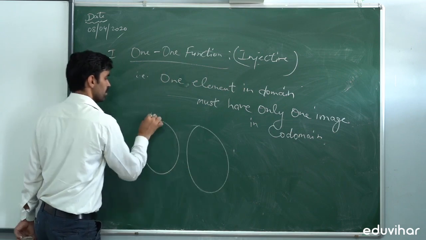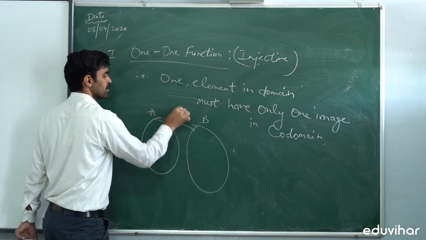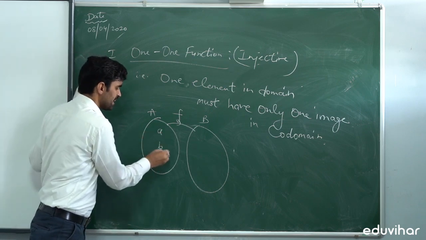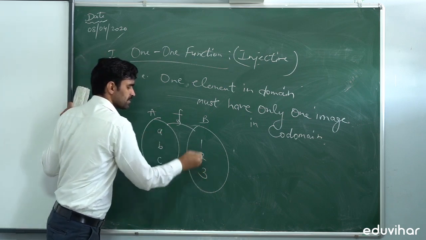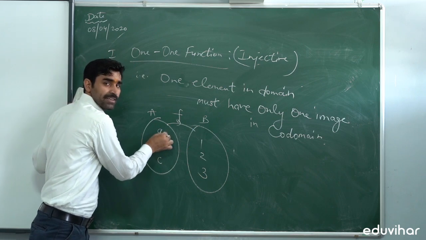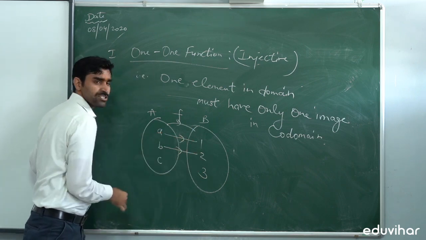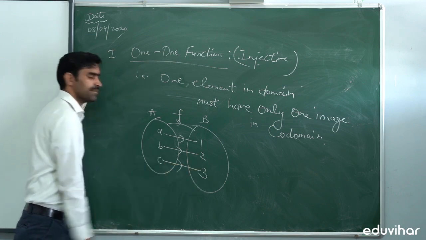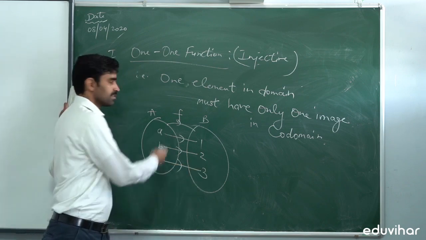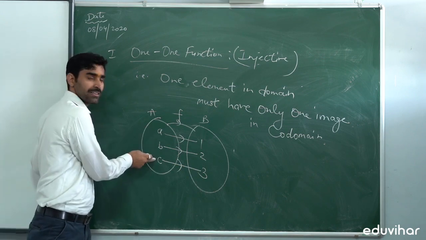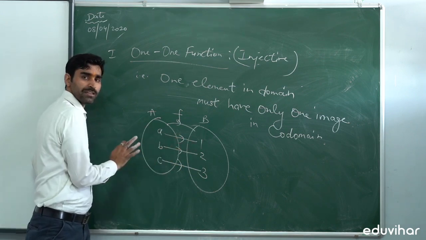Example, here we have two sets. The function is defined from the given two sets in such a way that element A has the image 1, element B has the image 2, element C has the image 3. This is a 1 1 function because every element of the domain has a unique image in the codomain.